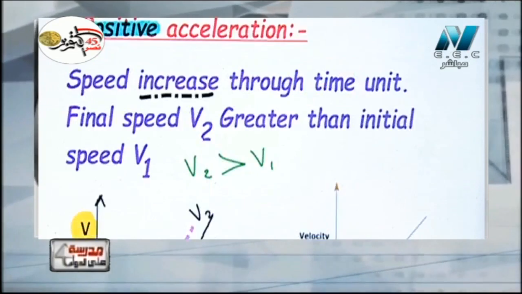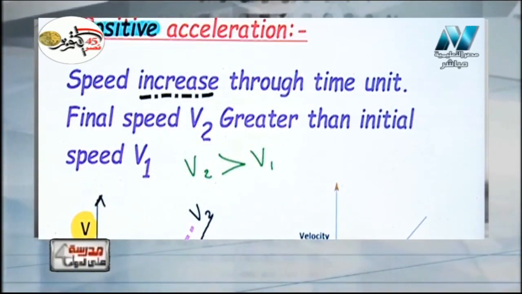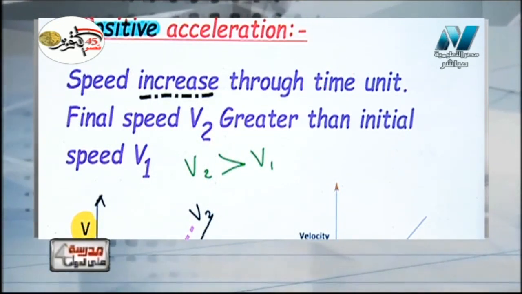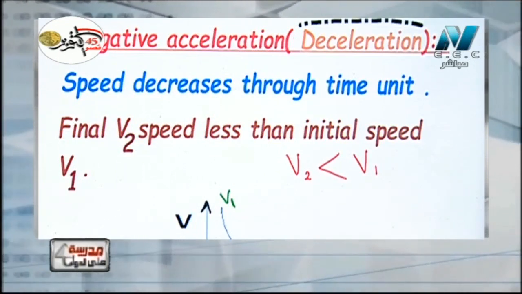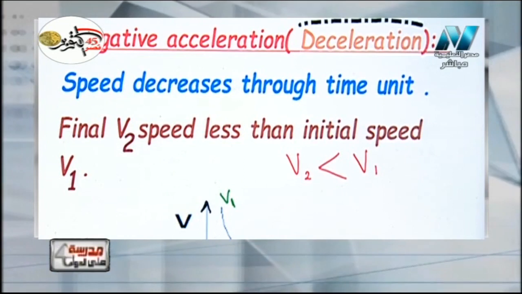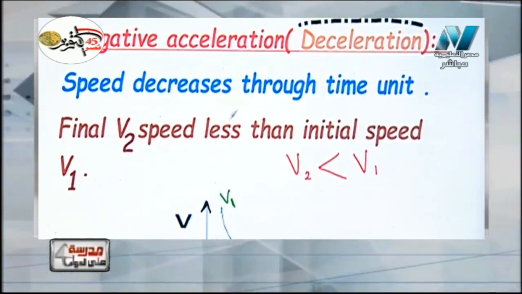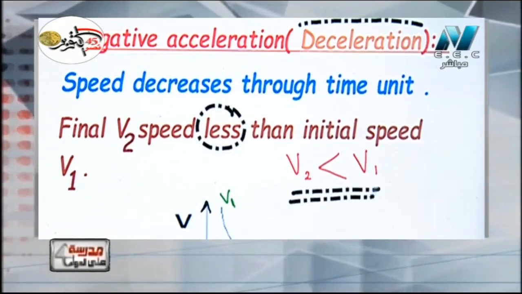So now we have positive acceleration, speed increases, so the final speed is greater than initial speed. And here we have negative acceleration, or deceleration, which means the final speed is less than initial speed, as we see in this law.